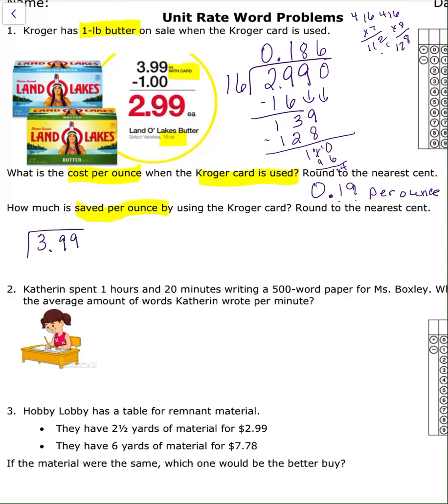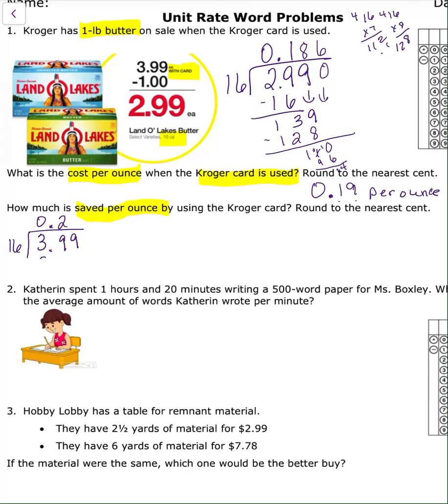Oh, I wonder if I could take $1 and divide it by 16, and that would give me how much is saved per ounce, because I'm saving $1, right? Well, we'll see if that works. All right, let's see. So 16, so that's 0. It goes twice.